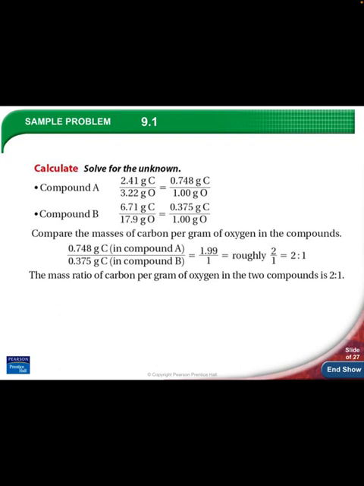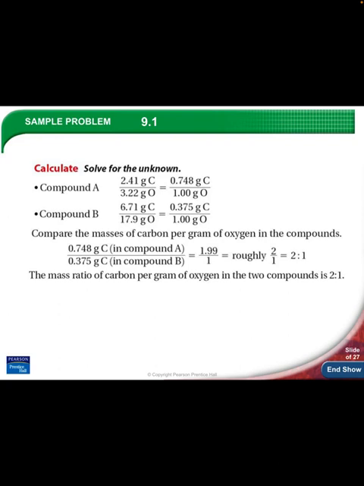If I do the same thing, the second compound has 6.7 grams of carbon per 17.9 grams of oxygen. To find out how many grams of carbon in this compound per 1 gram of oxygen, I would set X over 1 gram of oxygen, cross multiply, solve for X, and I would get 0.357 grams of carbon.